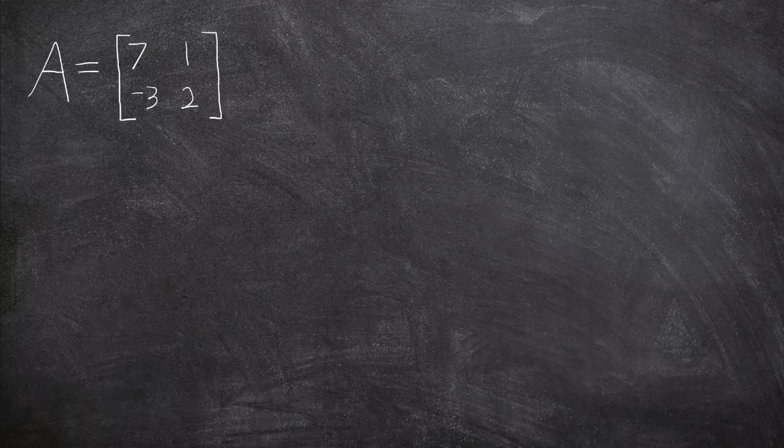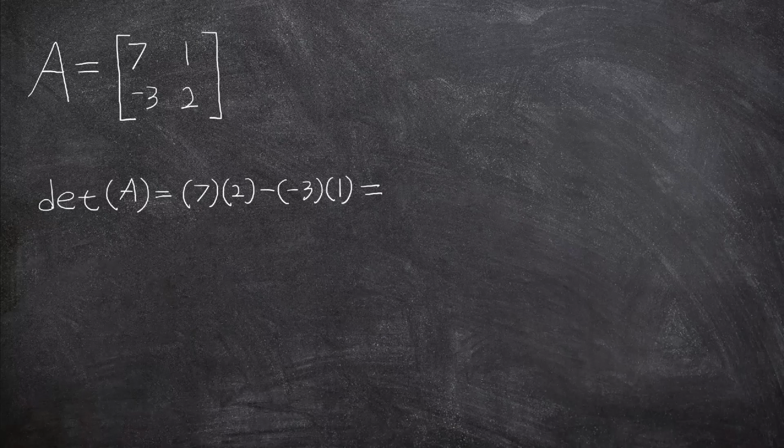Here's another 2x2 matrix to work with. Feel free to pause the video and attempt this yourself. So, according to the 2x2 determinant formula, it would be 7 times 2 minus negative 3 times 1. 7 times 2, 14.